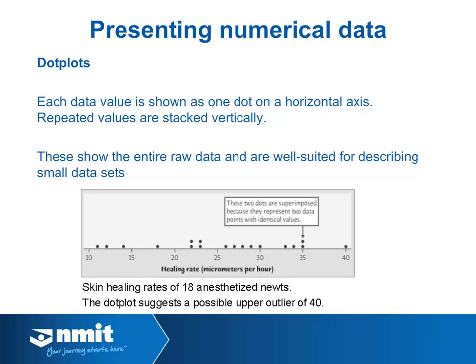But here it's suggested that maybe this value at 40 might be an outlier, an extreme value that isn't representative of the normal range, because it's 5 micrometers per hour away from its nearest other value, whereas no other values are isolated by themselves to that extreme.